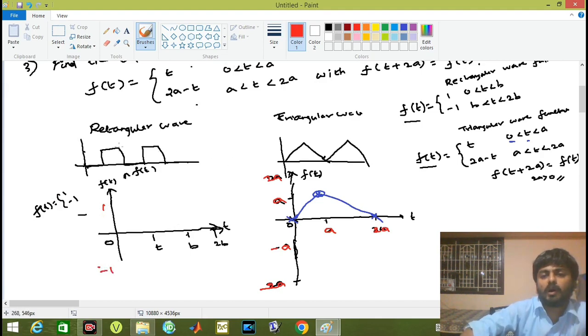So for all the values from 0 to b, you will have the values like this.